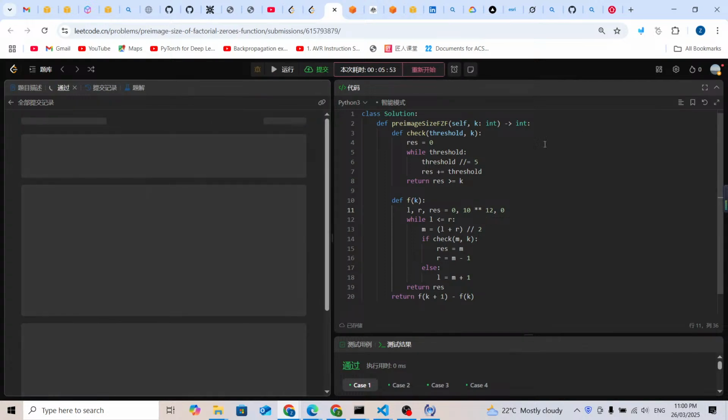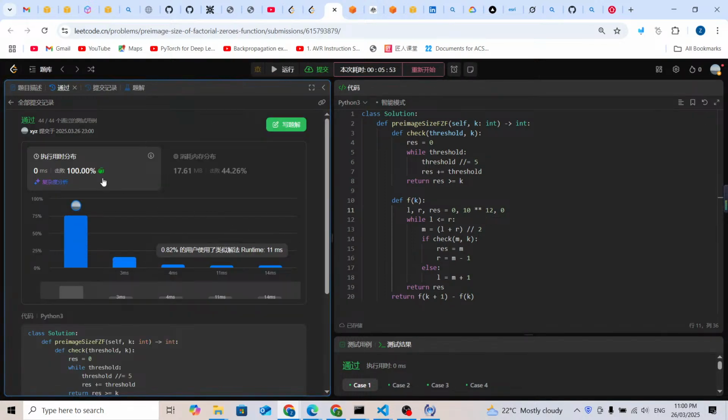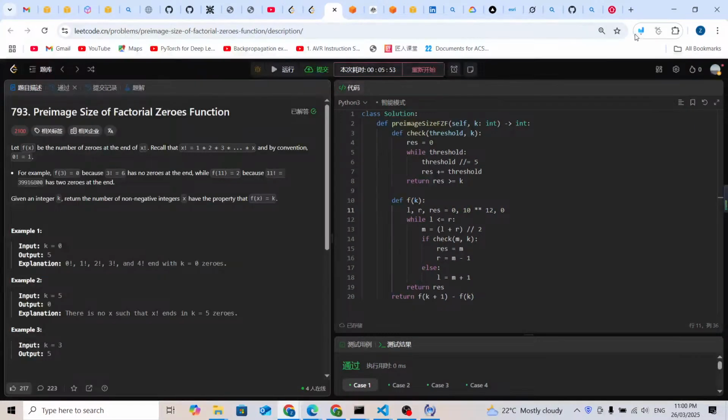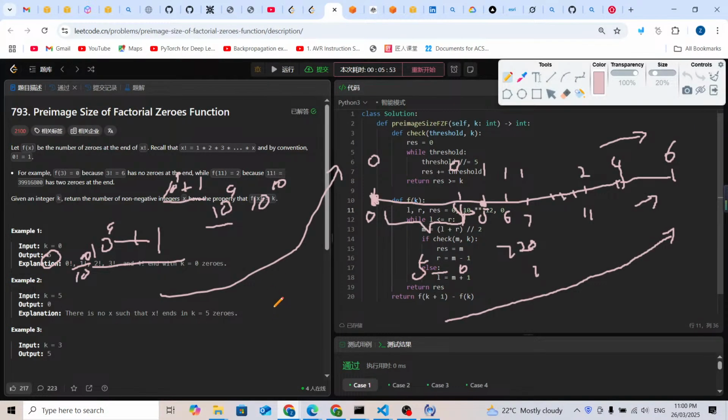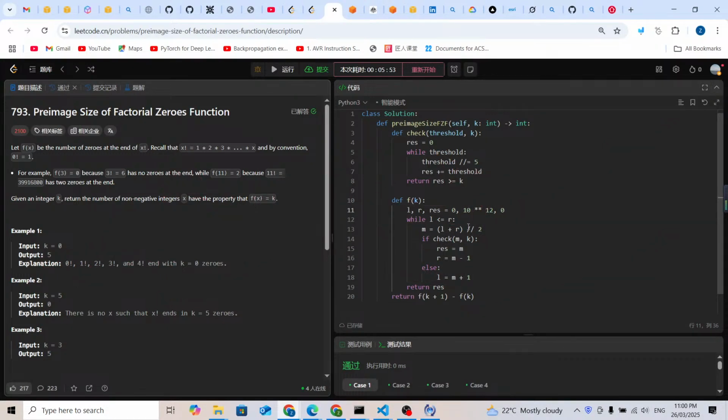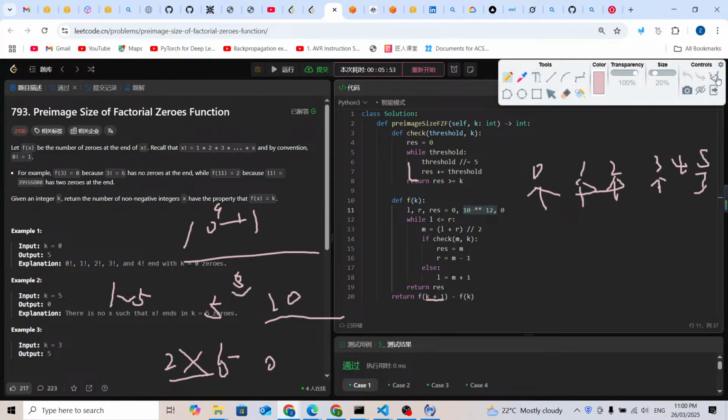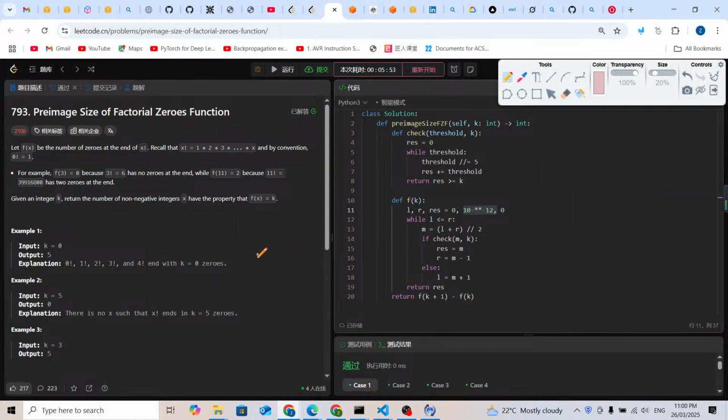Definitely for calculating how many zeros, we can roughly use this kind of calculation to check how many zeros for our guess, because this is not just a random guess. We have some calculations to make it accurate. So for example, if we try to use 10 to the power of 12, we just need to check how many 5s.